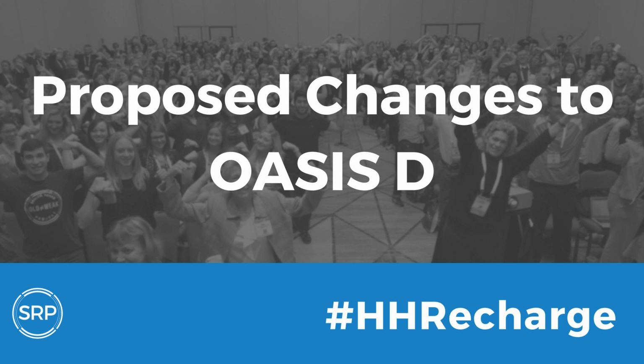So now that we've looked at what's going away, we need to take a second to look at what they are adding, because they're adding 6 questions to the Oasis D item set. They've added 6 questions overall, 4 GG questions and 2 J questions.